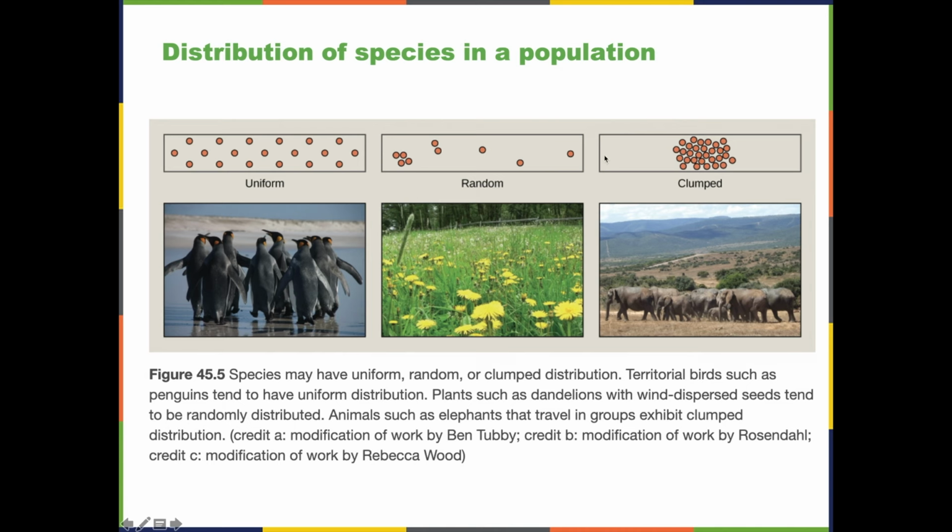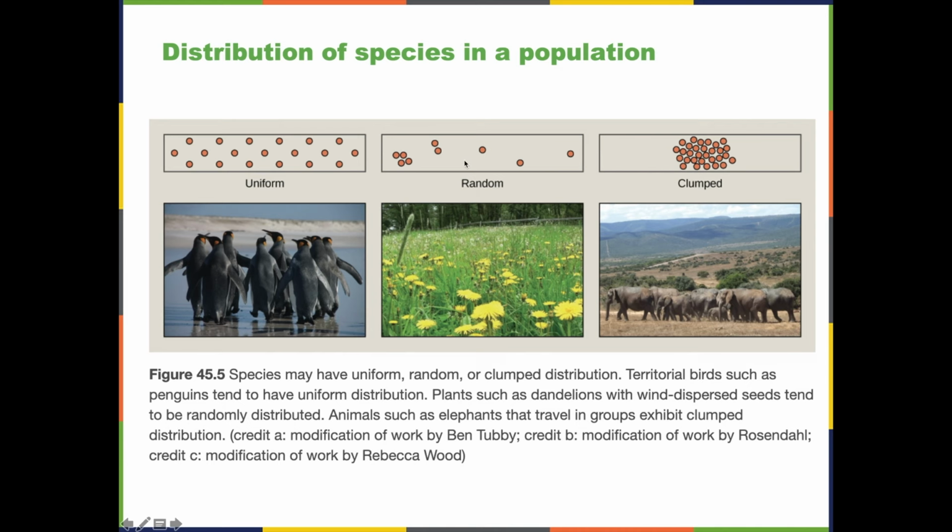So what are the reasons behind these distribution patterns? Usually when the distribution is uniform, there is a carving of territory within the population, such that each member of the population gets a specific space and territory for themselves. With random, you usually see it with plants, because some of these plants have seeds that are distributed by wind.